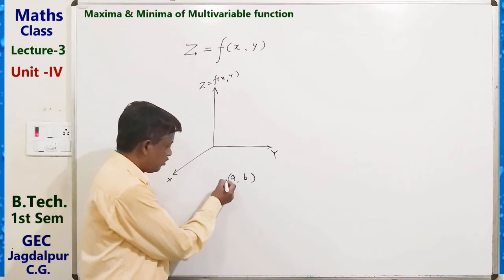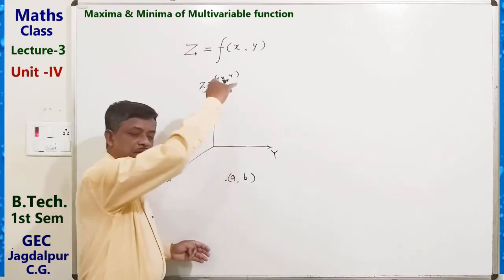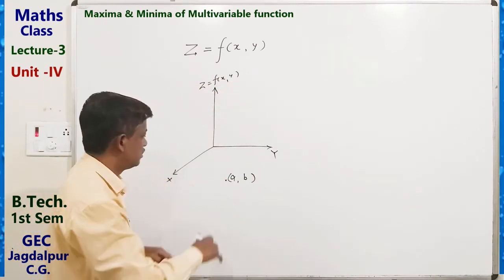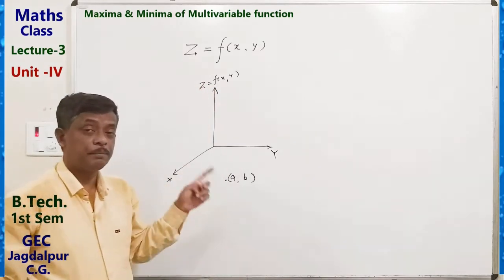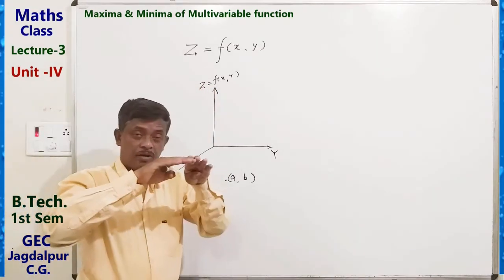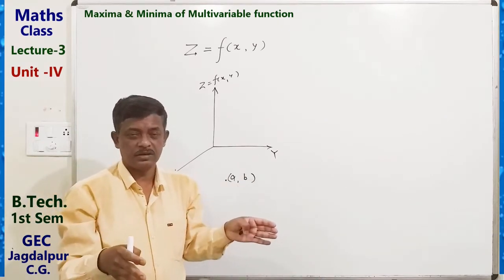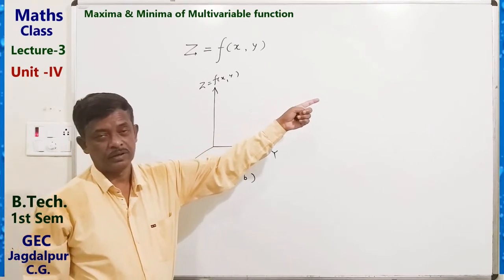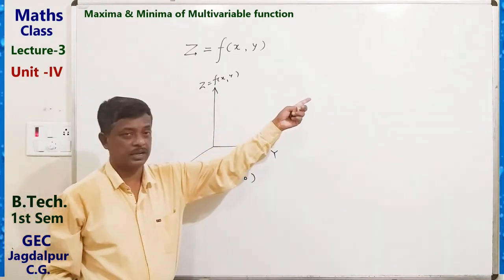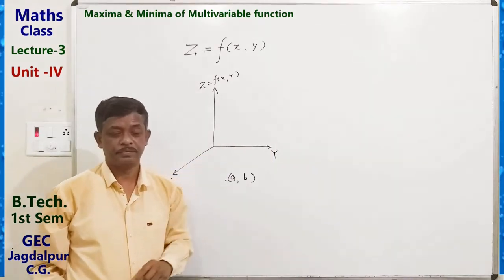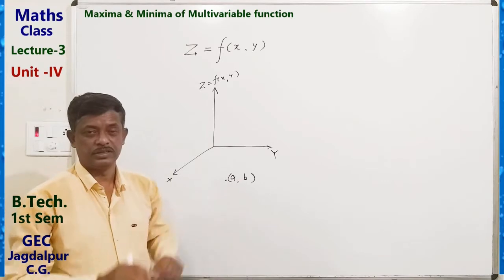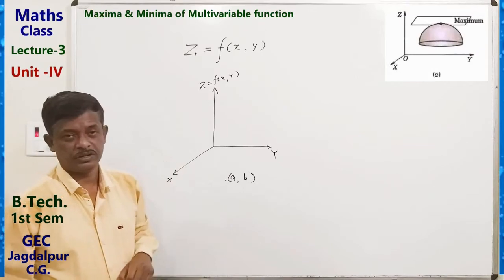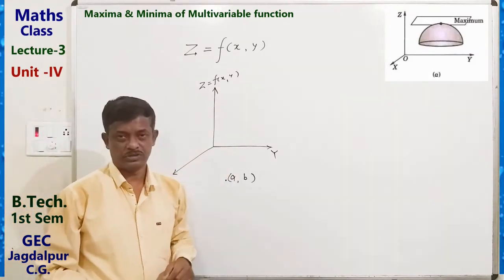Then the value of the function corresponding to this point, that is the value of z on the surface, will be maximum if the surface is just like this dome. In the first diagram you can see a dome and a tangent plane on the top, and the touching point corresponds to (a, b).